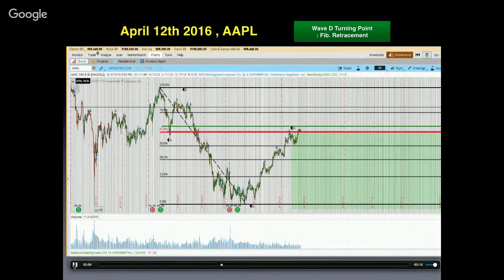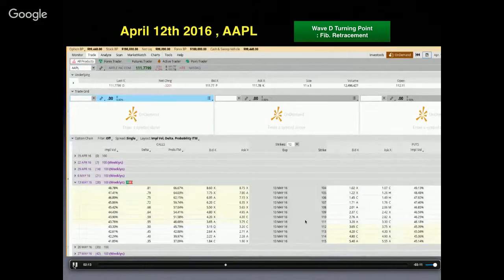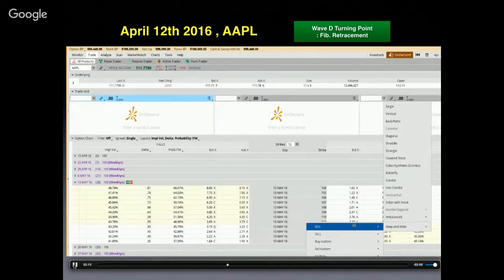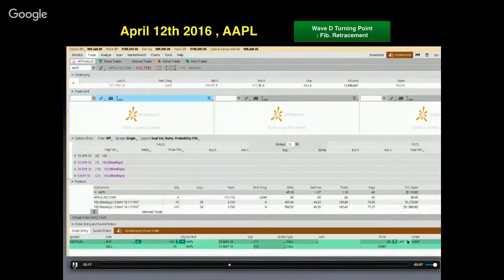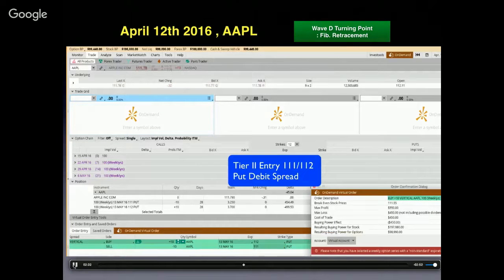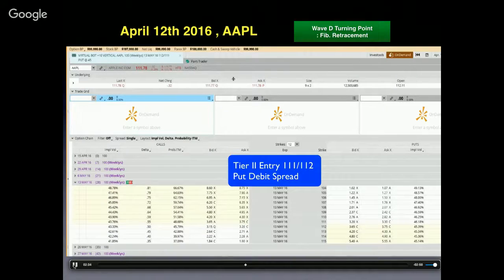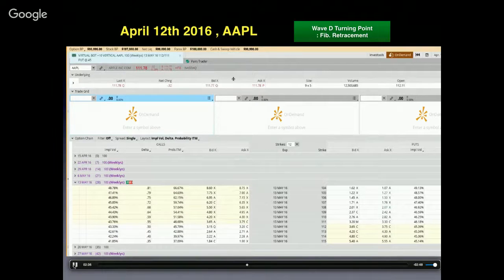Same steps, click on trade. Right click. So debit spread we're doing because the IV rank was low. So put debit spread with a strike price of 111 and 112.